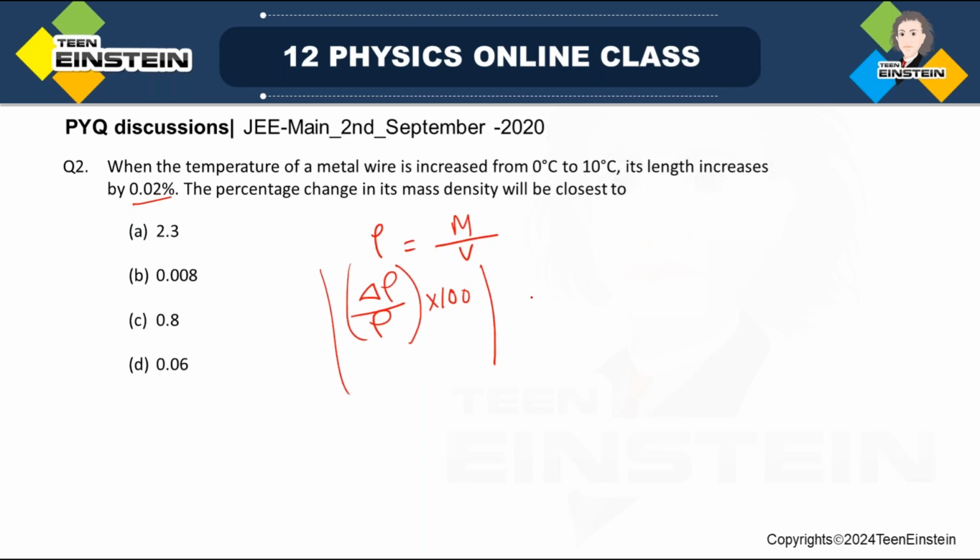So this will be actually the percentage change. Now here also I have to do the same thing. Since mass is constant, mass is not going to change with the temperature. So it will be delta v by v into 100. So this will be actually the percentage change.